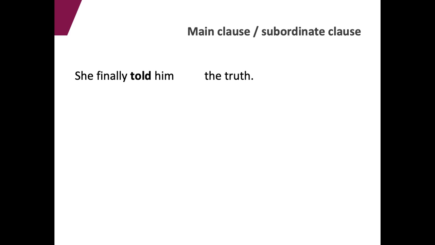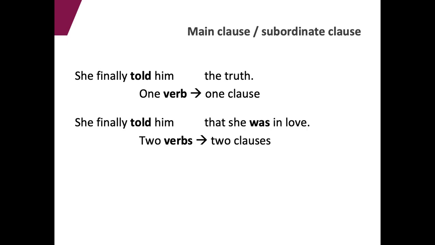There is only one verb, okay? It's one clause. But sometimes the sentence gets more complex and there is a second verb in the sentence, like in, she told him that she was in love. Okay, you have two verbs in bold characters, told and was, so you have two clauses this time.